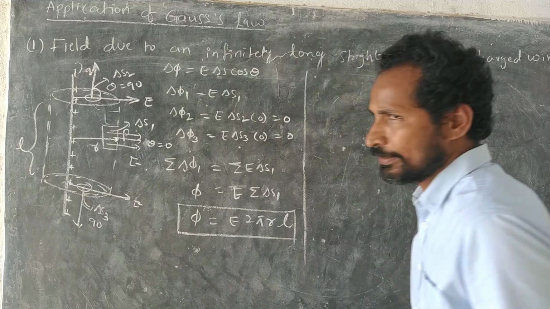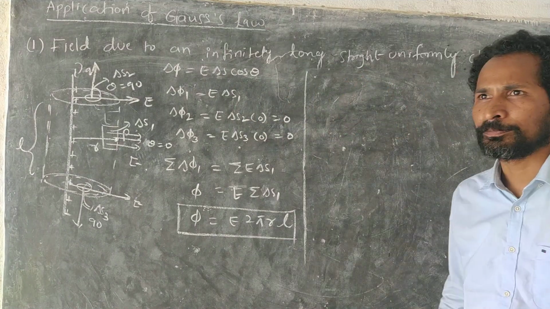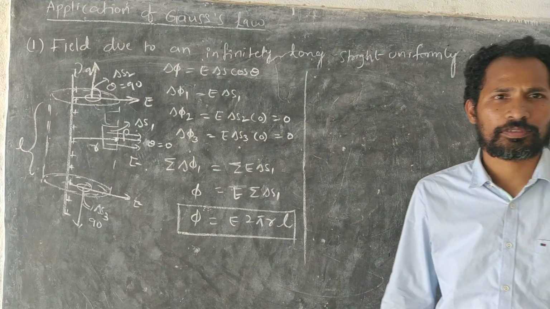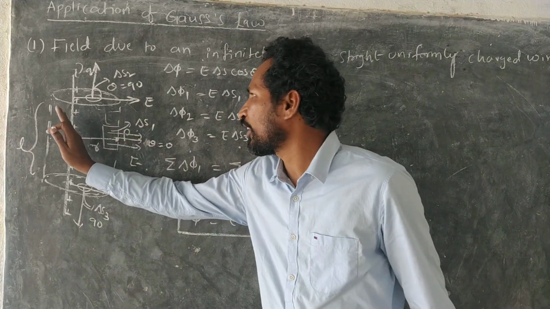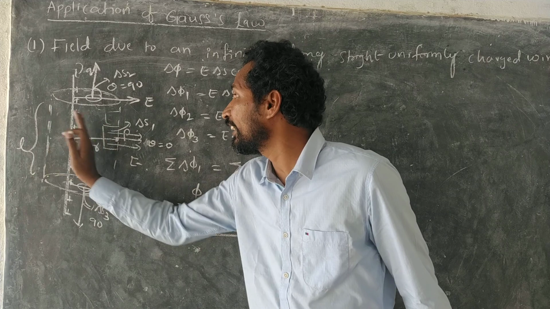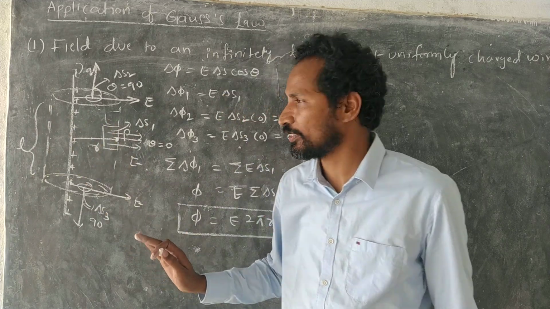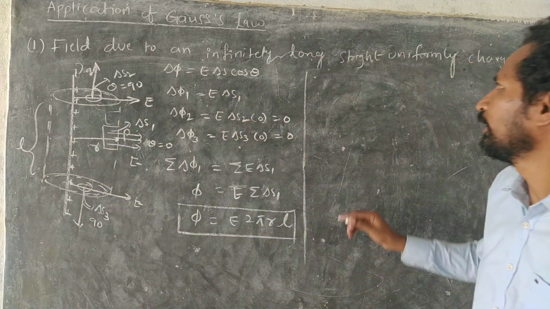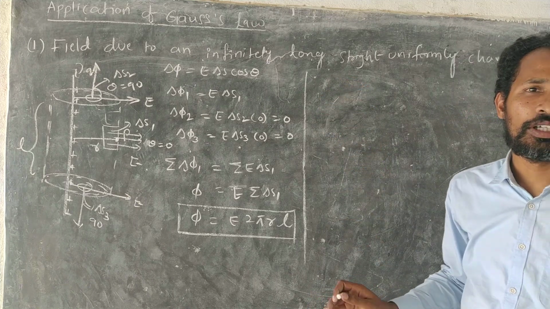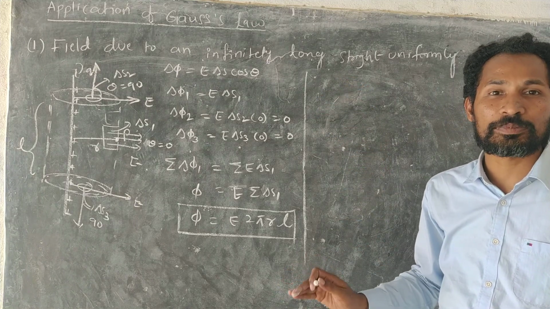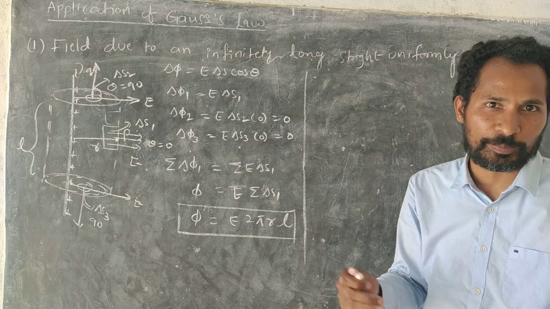Now apply the Gauss statement, the Gauss formula. This 2 pi r l is the cylindrical surface area of the Gaussian surface. Now what is the Gauss statement? Total flux through a surface is equal to 1 by epsilon naught times the total charge enclosed by the surface.